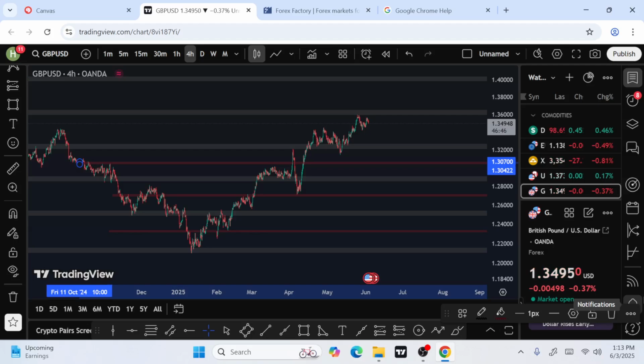ERUSD has gotten to TP1 of buying. No, I was selling. Good. I'm out of it already.